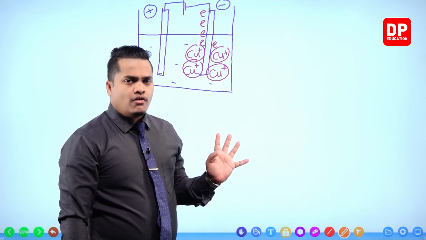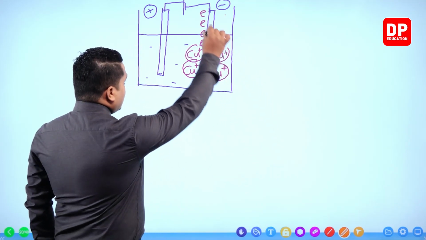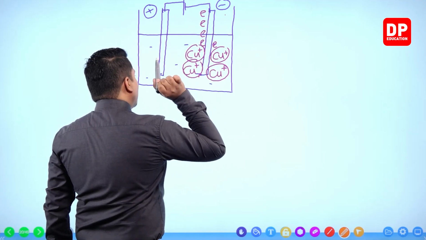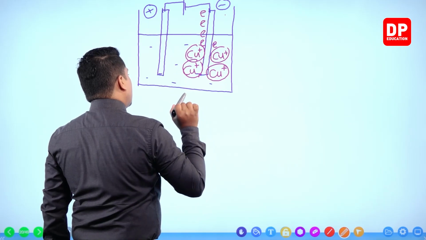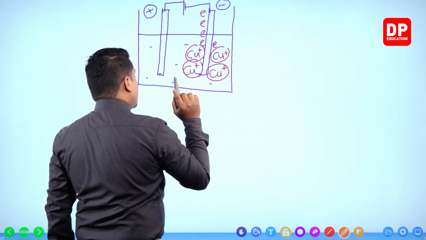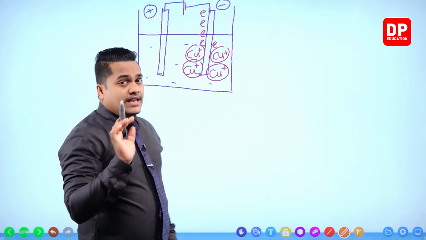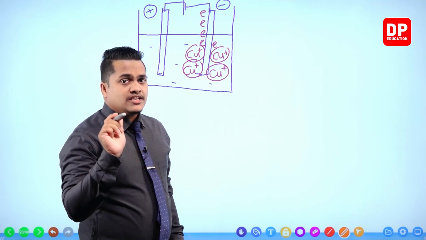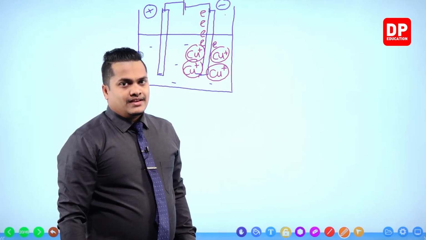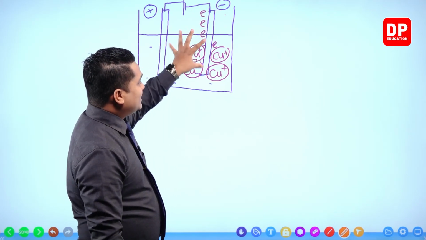The electrons coming towards this terminal will come in contact with the positively charged copper ions, and these electrons will once again turn these positively charged copper ions into solid copper. That is why copper is deposited at the negative terminal.